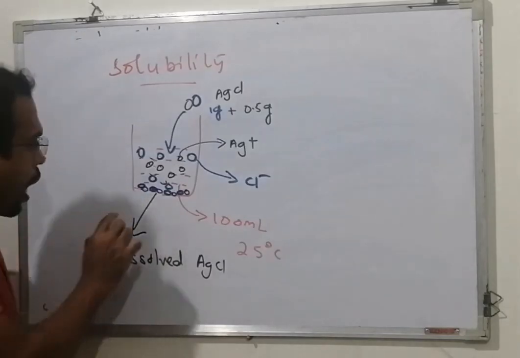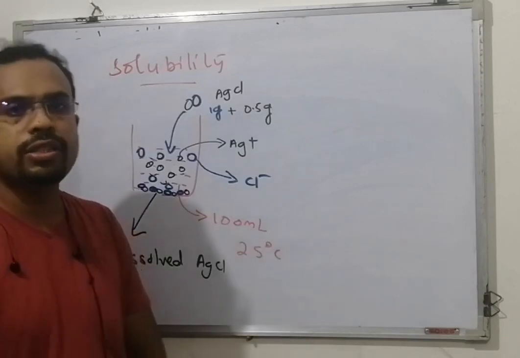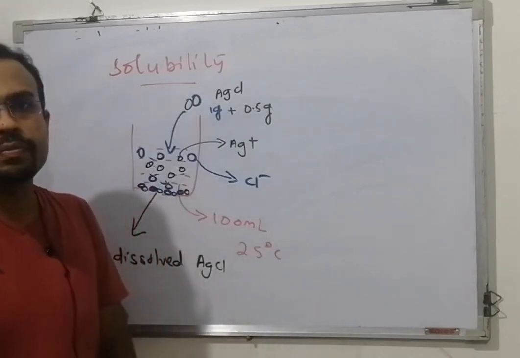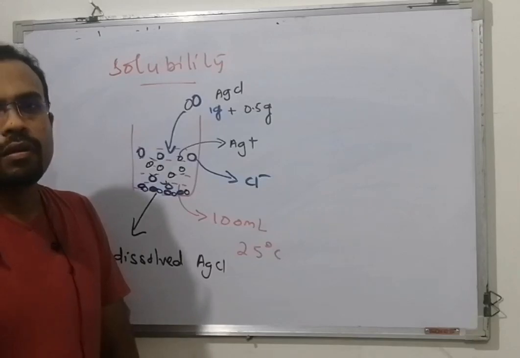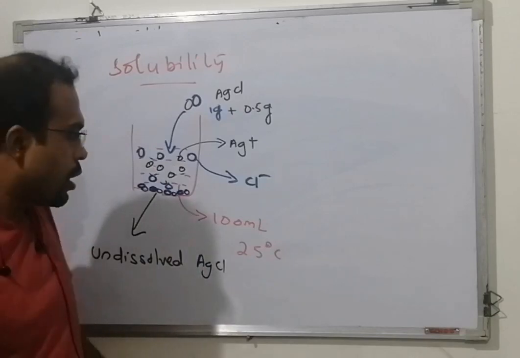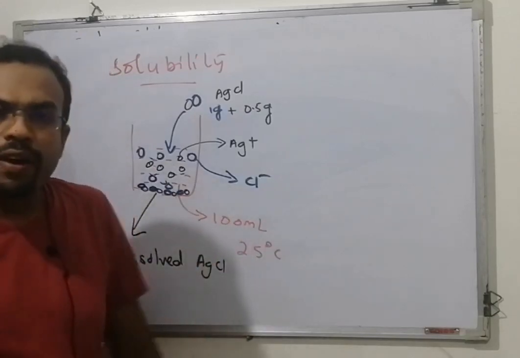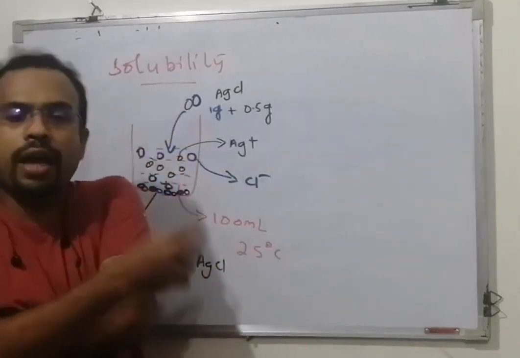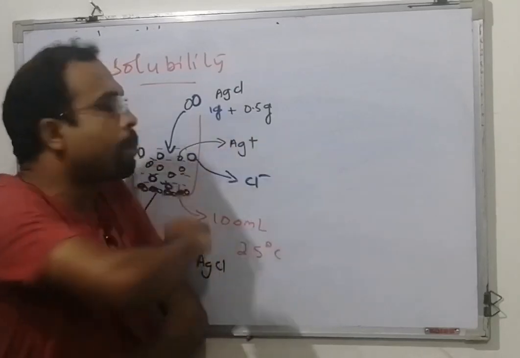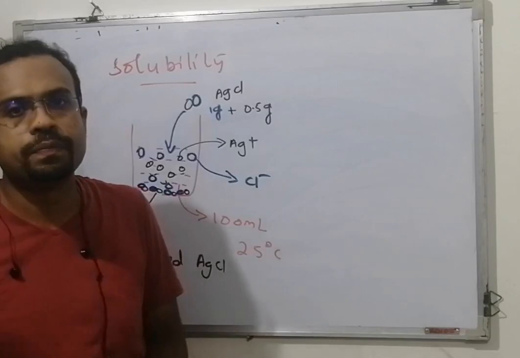I got some undissolved AgCl in the bottom of the beaker. Now I can say this is a saturated solution at 25 degrees centigrade. If I filter undissolved, I can say how much is undissolved. Total I added 1.5. Therefore I can say how much is dissolved.